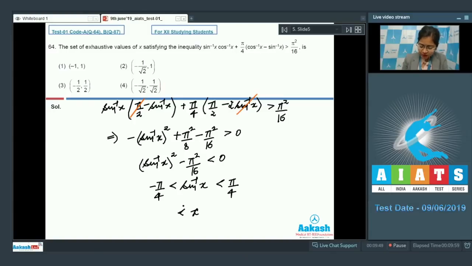So we can say that x will go from minus of sine pi by 4, that is minus 1 by root 2, up till sine pi by 4, that is 1 by root 2. So from the given options, we can see that option number 4 is the correct answer.